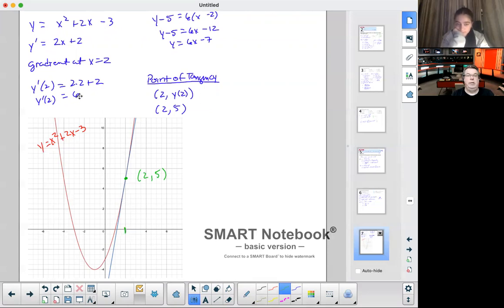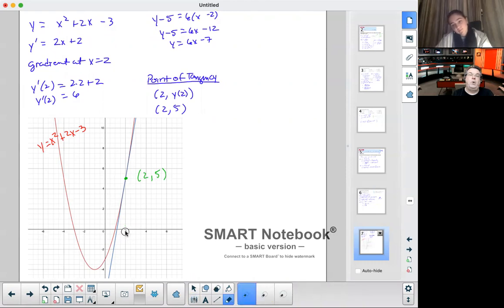Oh, so then if you plug that into the original, then you get the y. Right. If you plug it into the derivative, you get the slope.